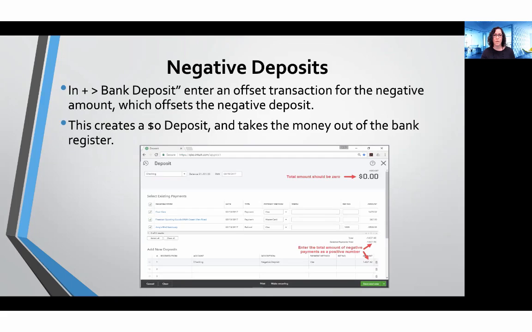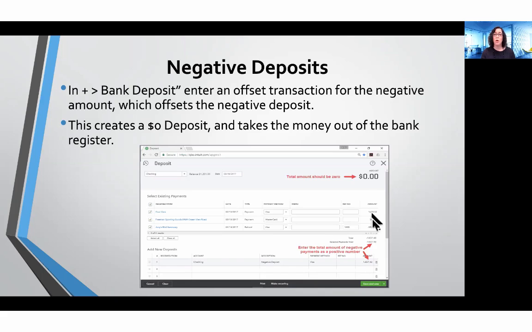So the way that you do this is in your bank deposit screen, which you get to by going up to the plus sign and then bank deposits. Down at the bottom, you create an extra line for the negative deposit to your checking account, and whatever the batch was for that day, you take that same batch total and you put it down here at the bottom.